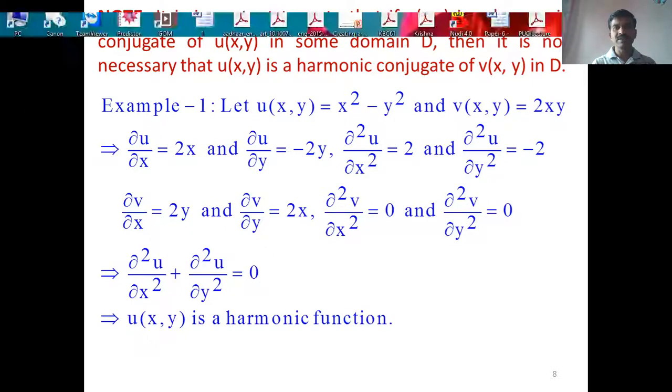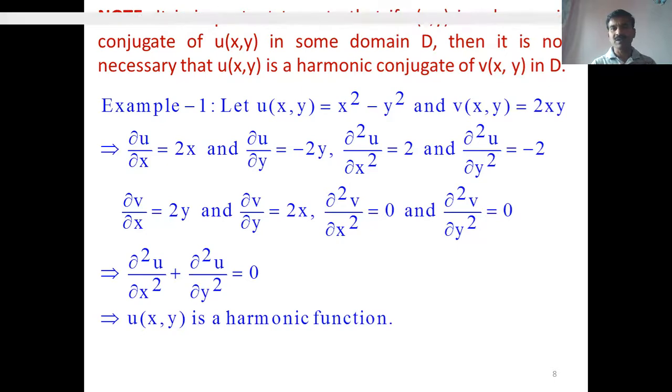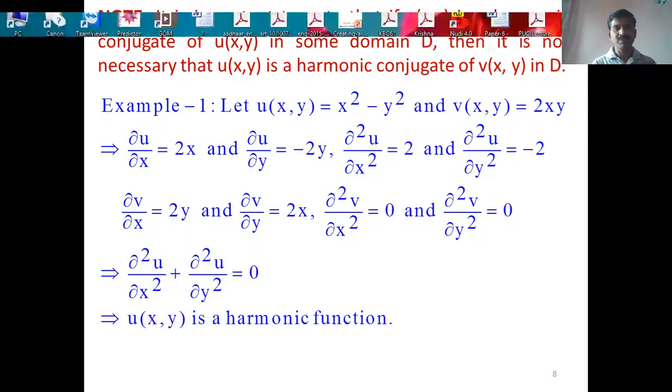Let u be x² − y² and v be 2xy, and differentiate u and v partially with respect to x and y.